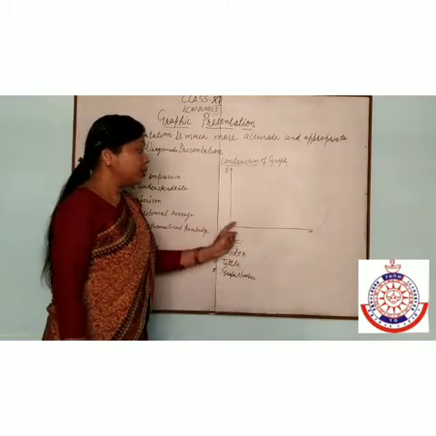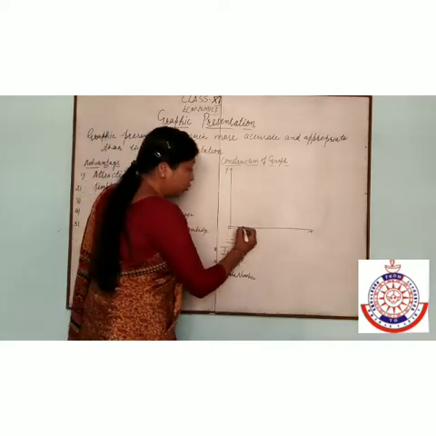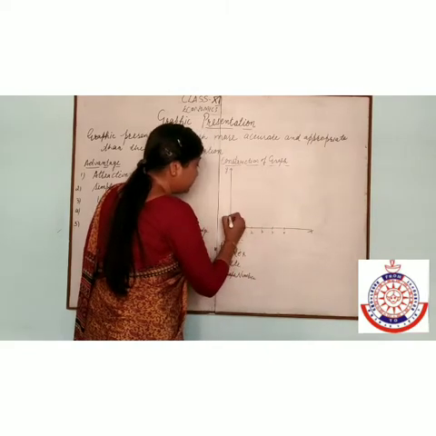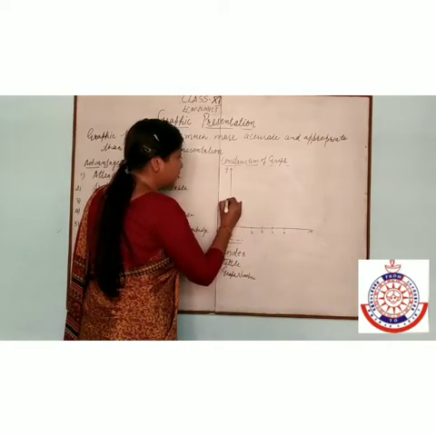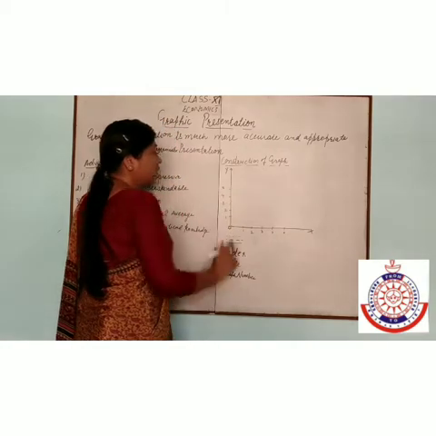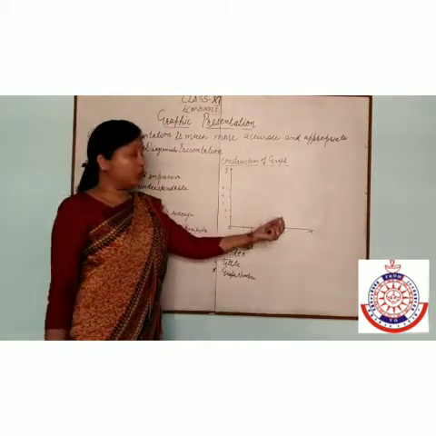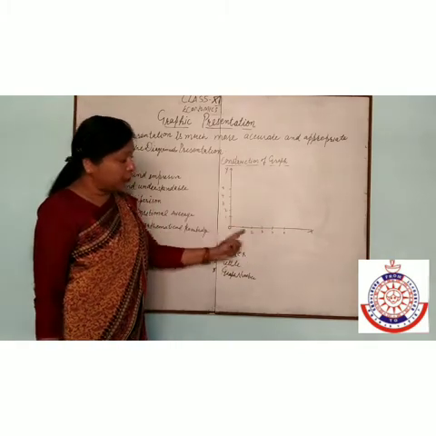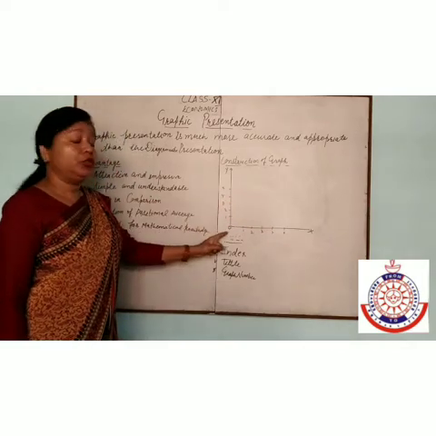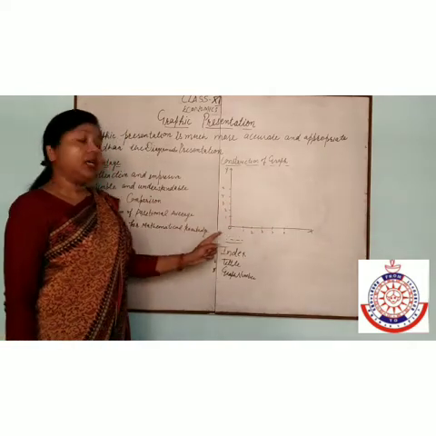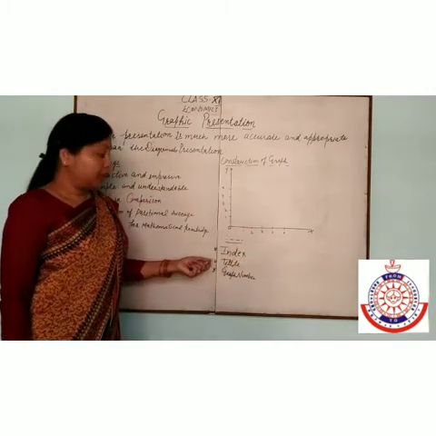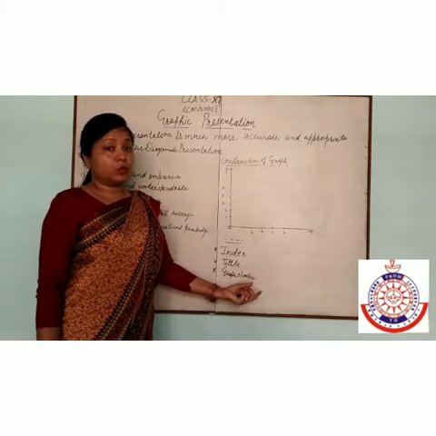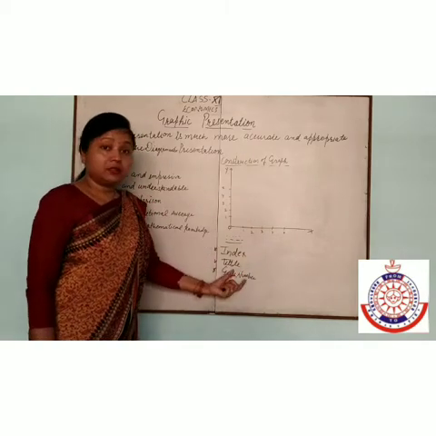Then we use a proper scale, like 1, 2, 3, 4, 5, same here 1, 2. Proper scale is required: how much, 1 centimeter is equal to this. After that, you have to plot the values on the graph, and you can use dotted lines. An index is also required for the graph, the title, and lastly the graph number.